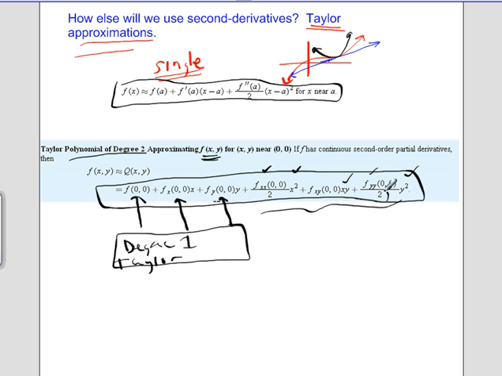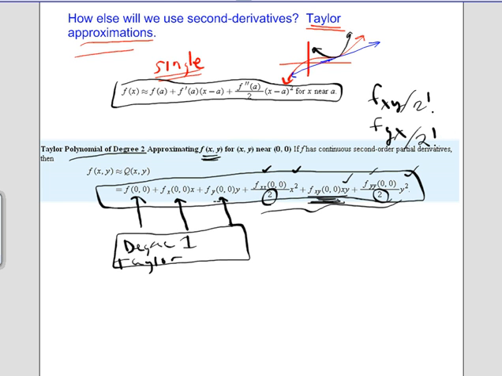And notice that this is divided by 2 and this is divided by 2, but this one is not, because it's repeated twice. Because you had f partial xy and f partial yx, and they're the same thing, so they added together to just be 1. Because each one of those was over 2 factorial, which you remember from Taylor approximations.